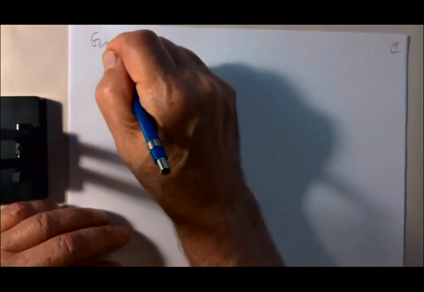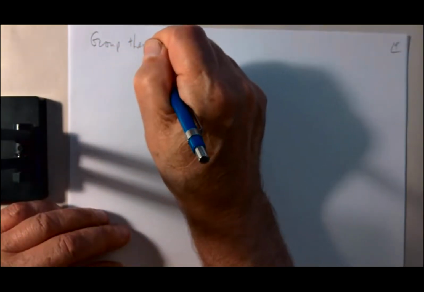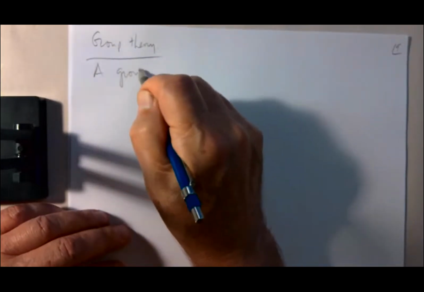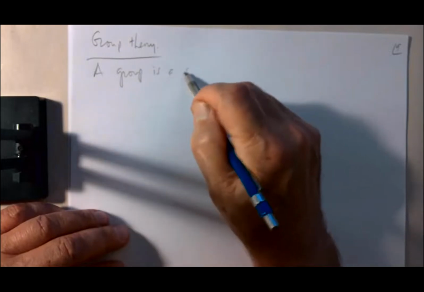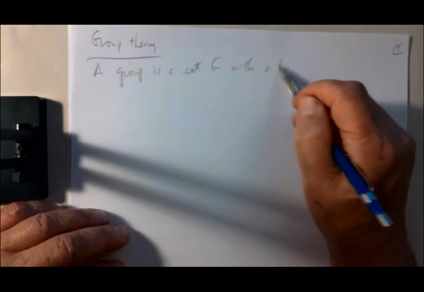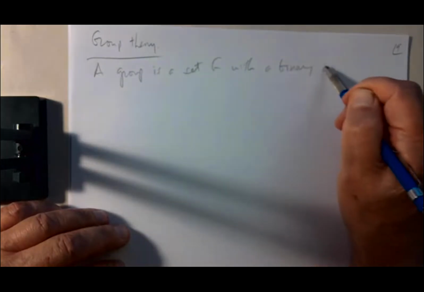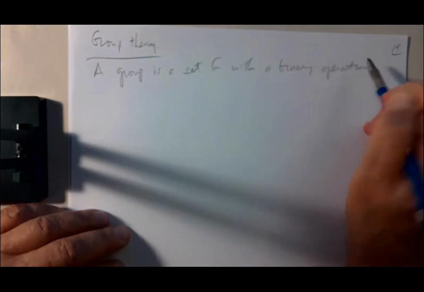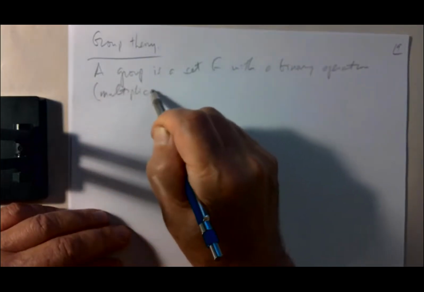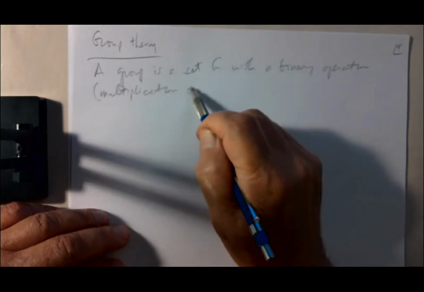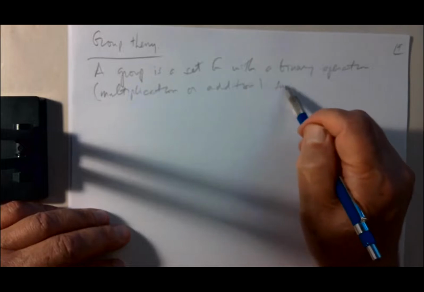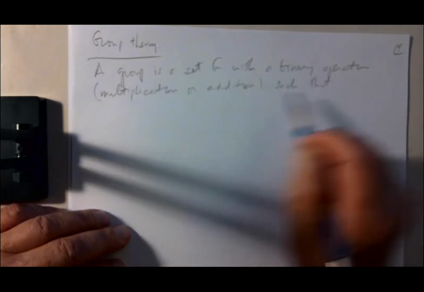So this is some group theory. So remember, a group is a set G with a binary operation. It's usually written as either multiplication or addition, such that the following properties hold.